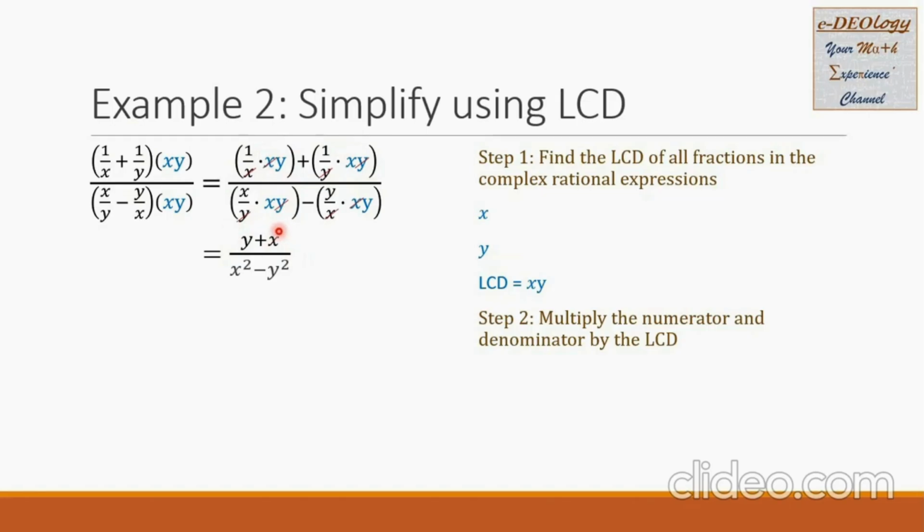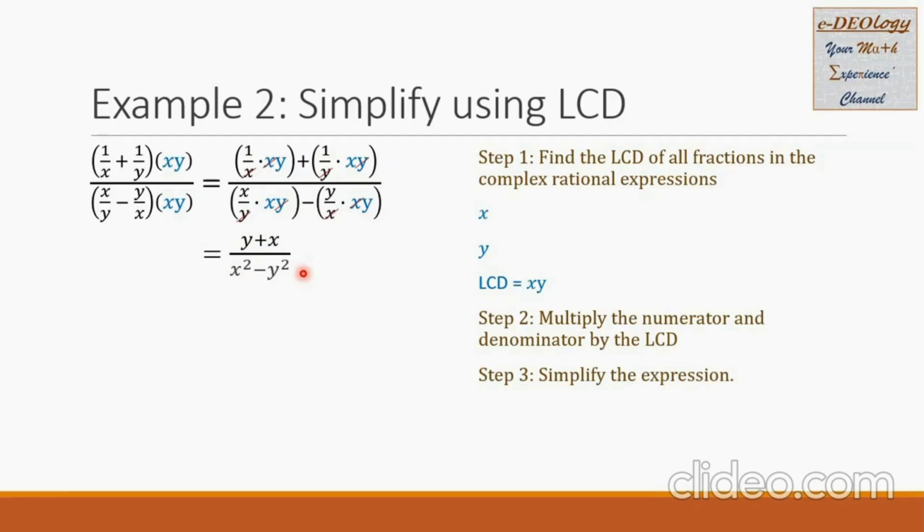In the third group, the denominator y can be cancelled with the y here. So what remains is the x times x, and that is x squared. So the x squared is now here, and then minus. In the fourth group, we have this x can be cancelled with the x. So what remains now is y times y. It is y squared.